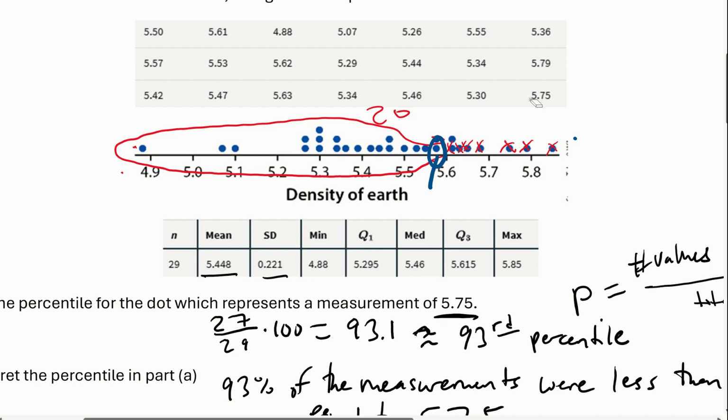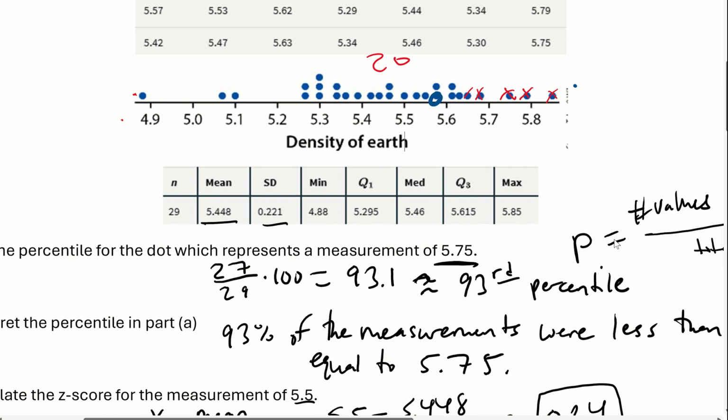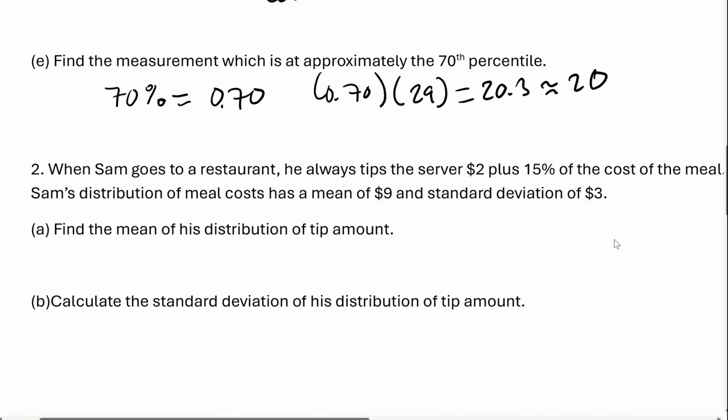So let me just focus on that dot right here. So this is the dot. So that's about 5.58. Okay, so around 5.58 or 5.59. So either one would be fine. If you said either one of those, I would take it.